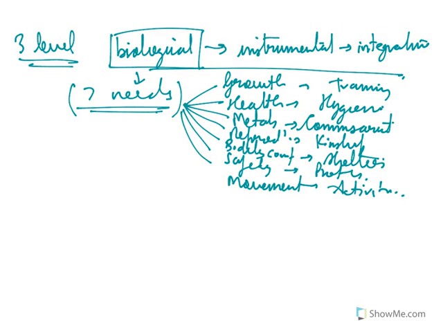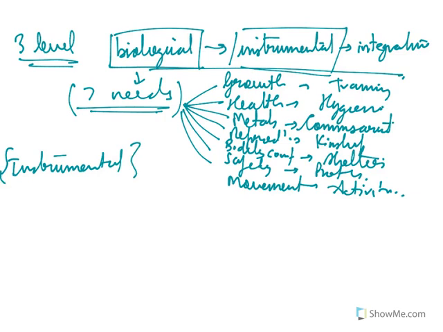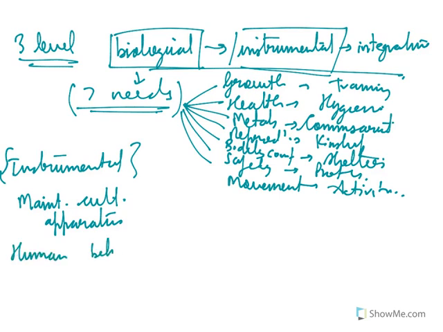Now, coming to the instrumental needs. These were the derived needs, and the four derived needs were maintenance of cultural apparatus, regulation of human behavior, socialization, and exercise of authority.